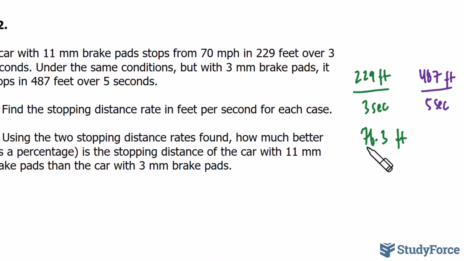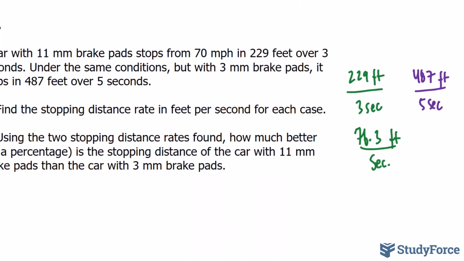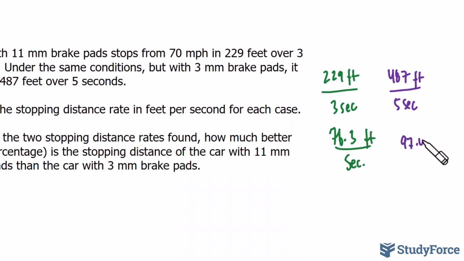That's the stopping distance for the 11mm brake pads. And for the other one, we have 487 divided by 5, and that amounts to 97.4 feet per second. So it's clear that as brake pad thickness increases, the lower the stopping distance rate will be.